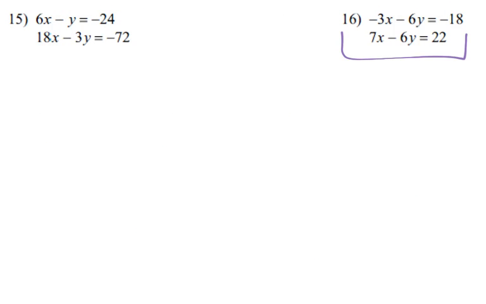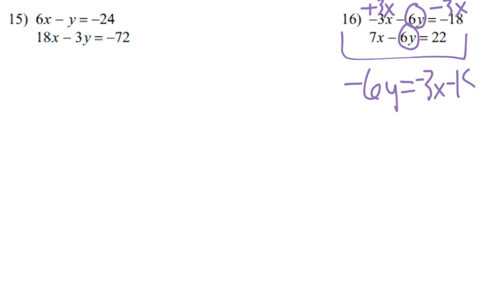Alright. So this one, a little trickier to solve for. Okay. However, I've got 6y and 6y. So if I add 3x or subtract 7x, doesn't matter, I get negative 6y equals negative 3x minus 18.